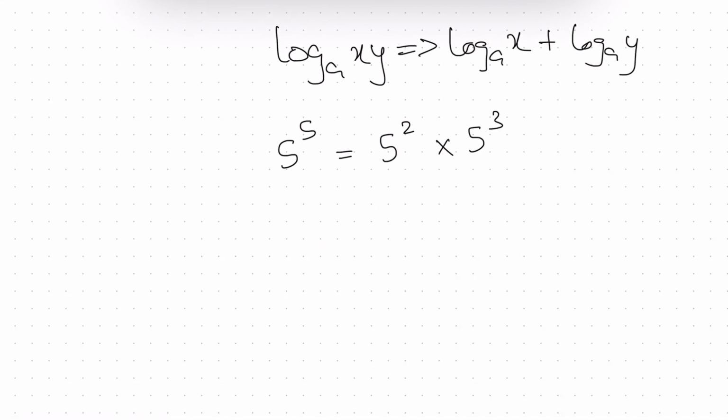Now if I apply log base 5 on both sides, what I will have is log 5 of 5 power 5 equals log 5 of 5 square multiplied by 5 cube.